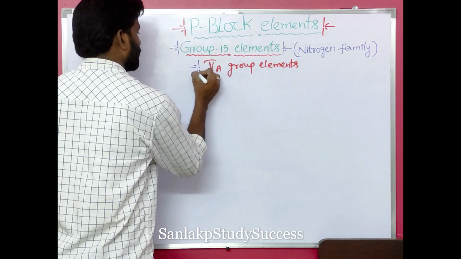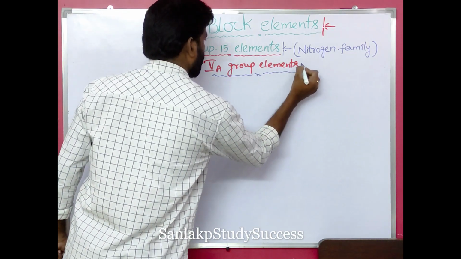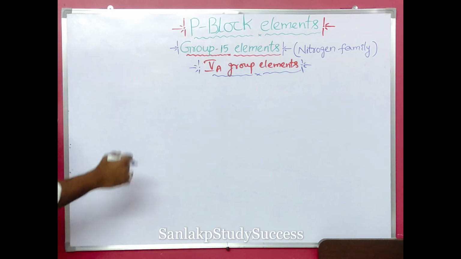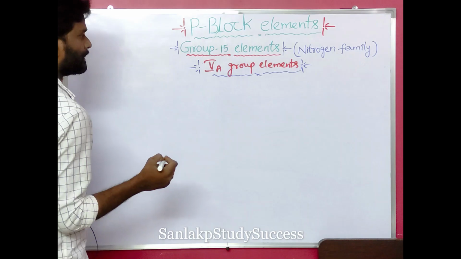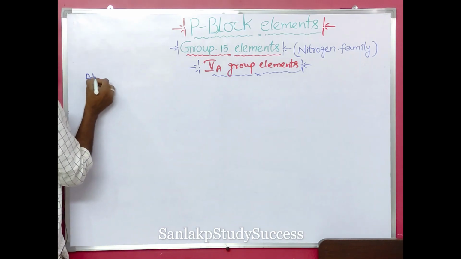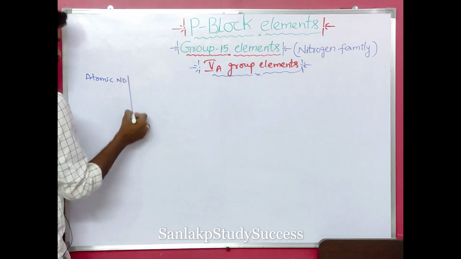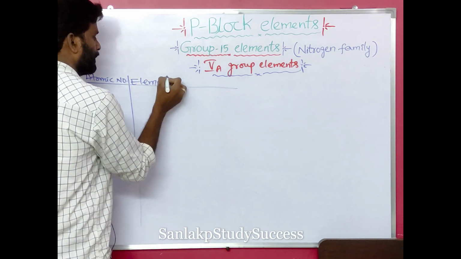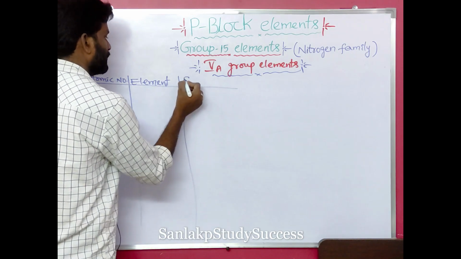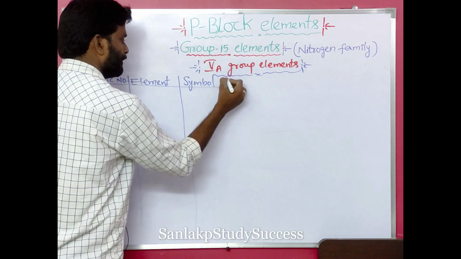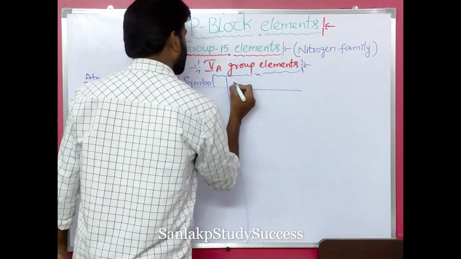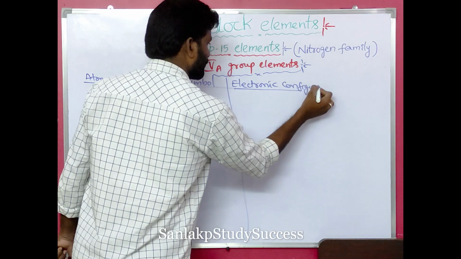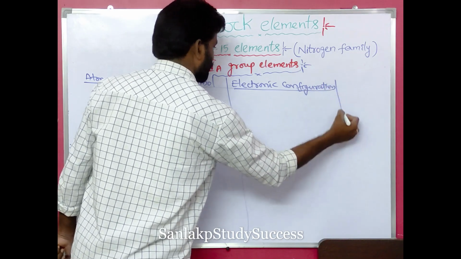So in this 5A group, first of all, what are those elements? We will write atomic number, element, symbol, electronic configuration.